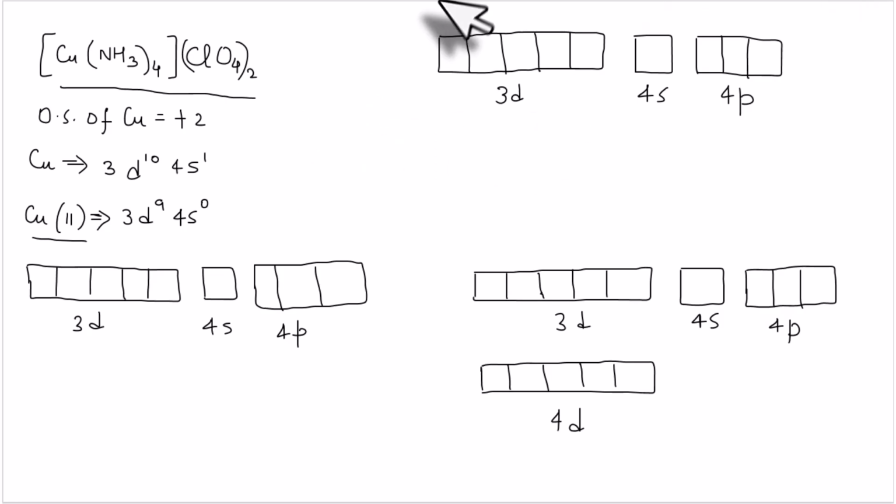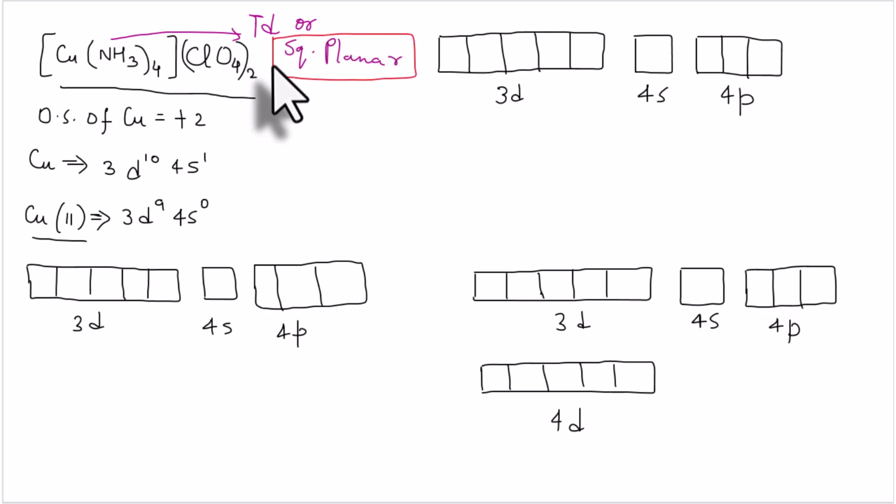So we have a copper complex coordinated to 4 ligands, and there are two possibilities of geometry with 4 ligands. What are the two possibilities? Either it could be tetrahedral geometry or square planar geometry, with 4 coordinated ligands. Now from experimental data, this complex was identified to be square planar in geometry.